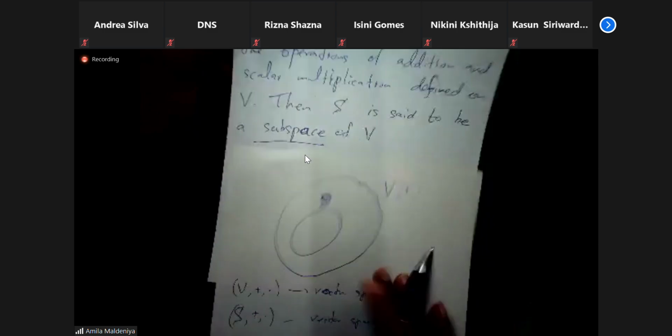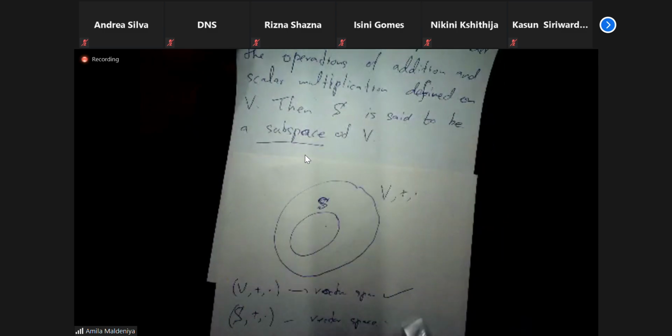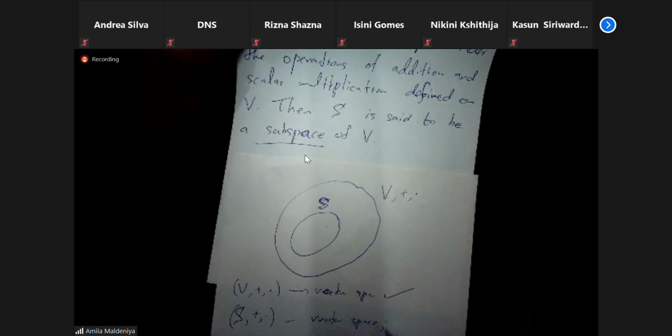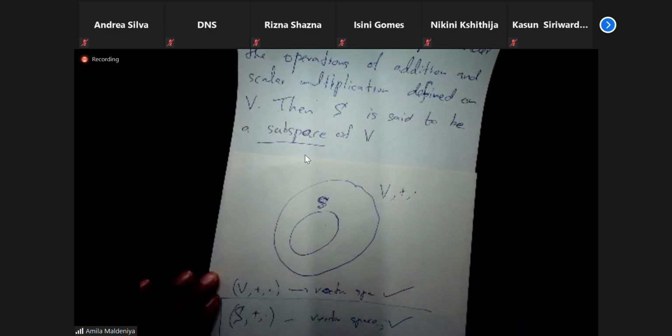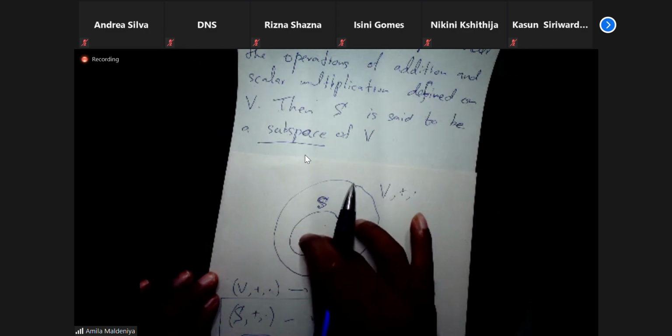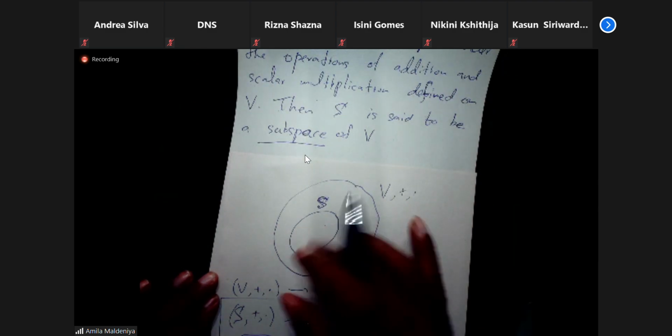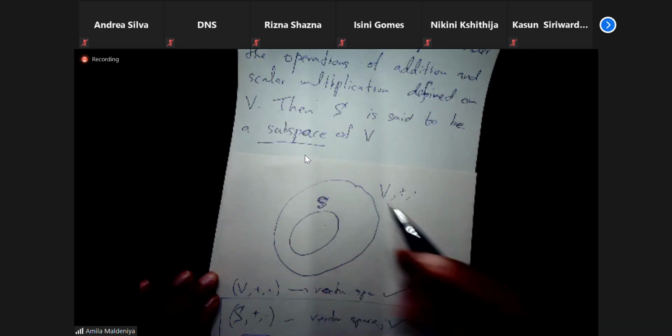Now subspace means suppose this one satisfies all the 10 axioms. Then it becomes a vector space. This vector space we call a subspace. So remember, a subspace is a subset of the vector space which has a vector structure.